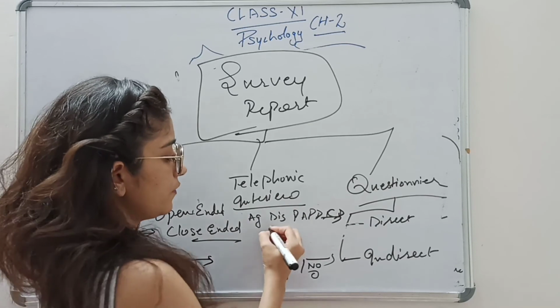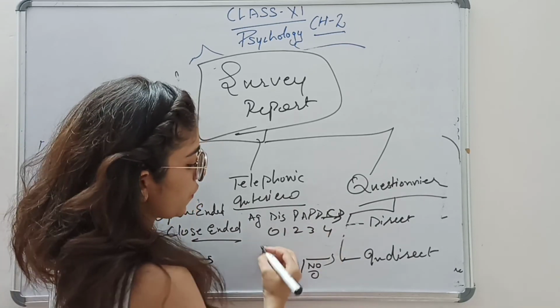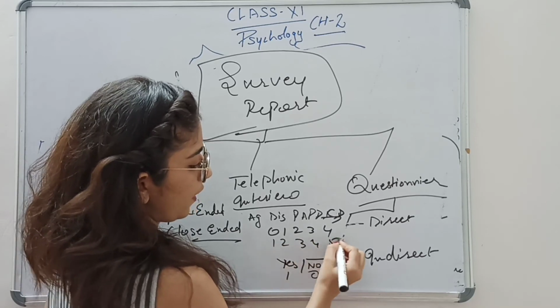In this format it can be 0, 1, 2, 3, 4, or 1, 2, 3, 4, 5.